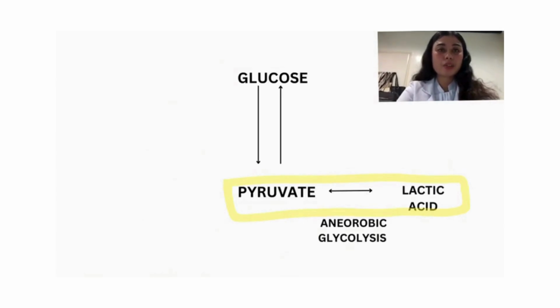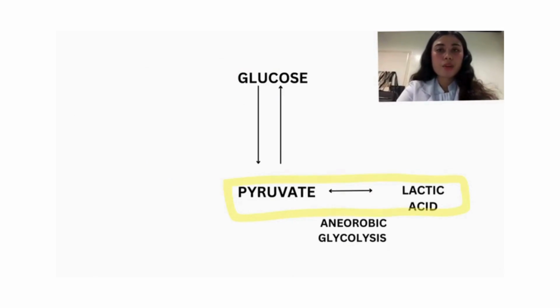We have to remember that oxygen is the final electron acceptor in the electron transport chain. It should come as no surprise to you that in the absence of oxygen, the electron transport chain will simply not work. So there is no point in going through regular glycolysis in this case.